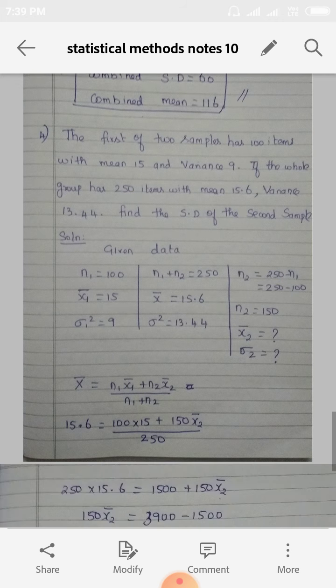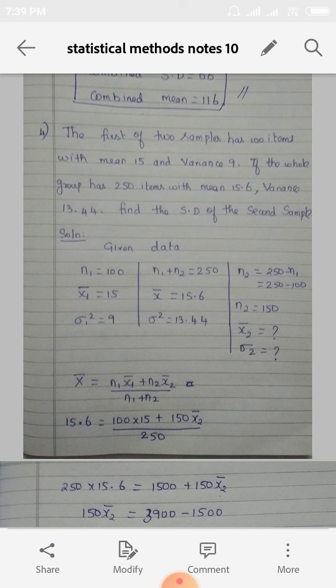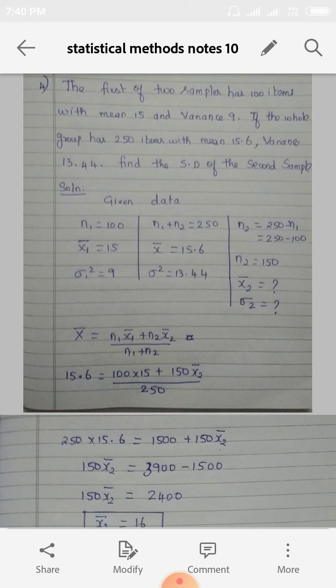See this is the given data: n1, x1 bar, sigma 1 square, and for the whole data n1 plus n2, x bar, sigma square. And n2 is 250 minus n1, so we get 150. Next we have to find x2 bar and sigma 2. Using the combined mean formula, since there are only 2 samples, x bar is equal to n1 x1 bar plus n2 x2 bar divided by n1 plus n2.